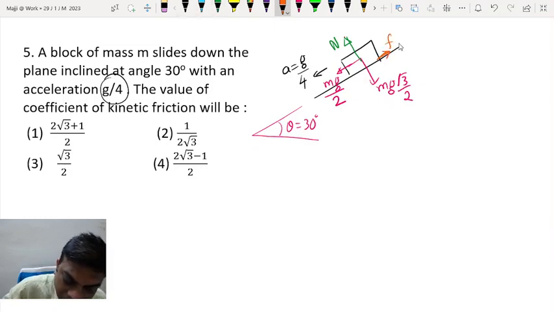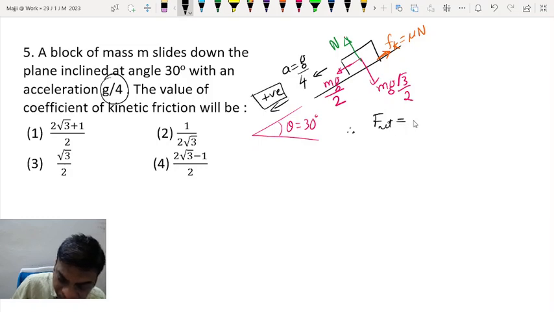Since the block is already sliding, the friction has to be kinetic friction, and this kinetic friction will be mu k into N. So now if we apply Newton's second law, taking the downward direction along the plane as positive, we can write net force is equal to mass into acceleration. So net force is mg by 2 minus kinetic friction, equal to mass into acceleration.